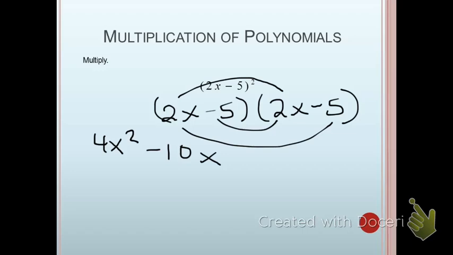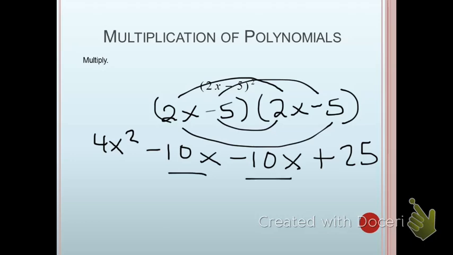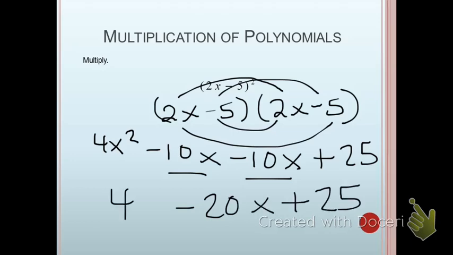Inner, negative 5 times 2x is negative 10x. And last, negative 5 times negative 5 is positive 25. Remember, you can only use FOIL when you're multiplying two binomials together. So let's combine our inner and our outer. Negative 10x and negative 10x is negative 20x. Drop down the positive 25 and drop down the 4x squared. Another perfect square trinomial.